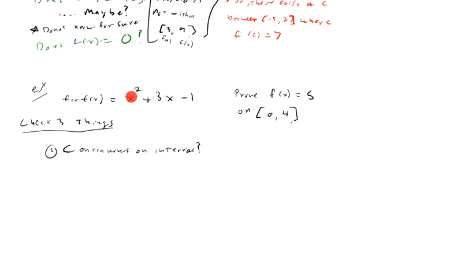Parabolas are fine. Any polynomial, if there's no division on the bottom, no rational equation, no fraction, is going to be fine. So this is continuous? Yes. No problem. Continuous on the interval? Yes.